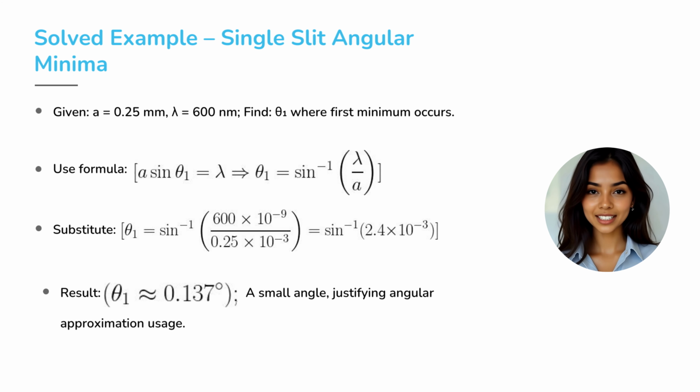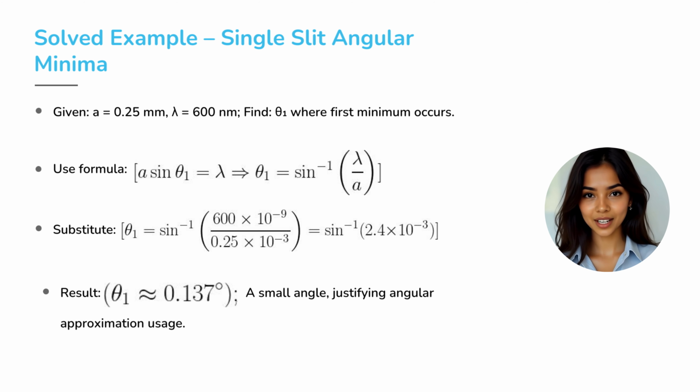Let's put our understanding right into practice with a quick example. Suppose we have a slit width of 0.25 mm and light of wavelength 600 nanometers shining through it. We want to find the angle θ1 where the first minimum in the diffraction pattern appears. Using our formula for minima, a sine θ1 equals lambda.